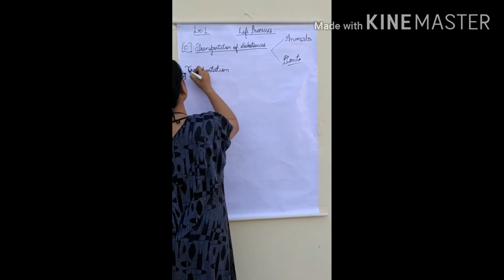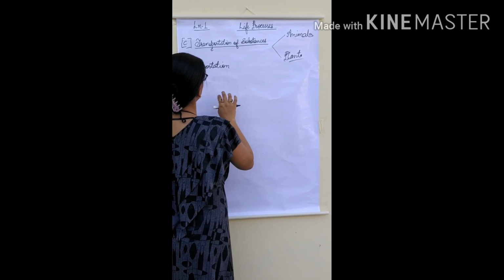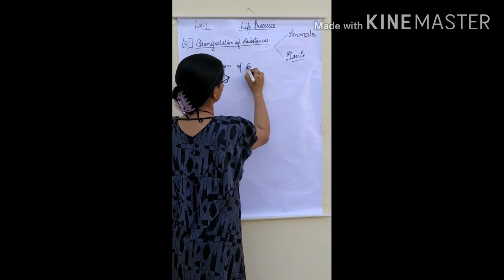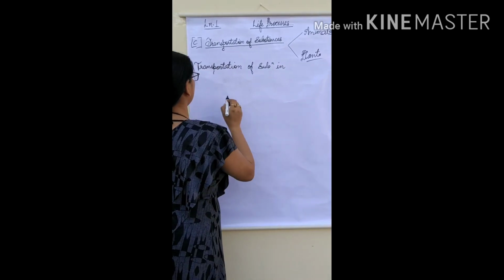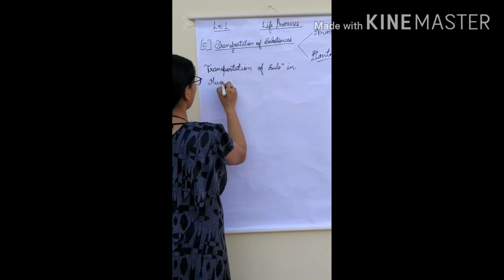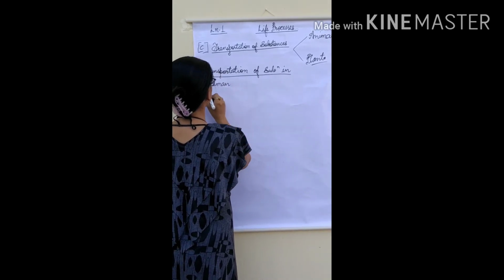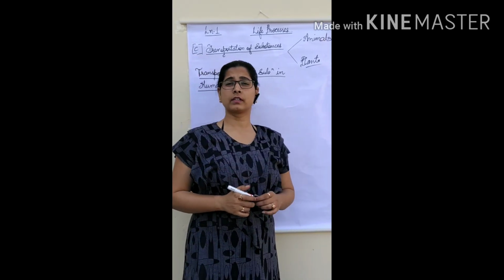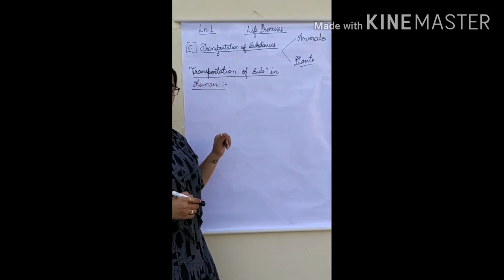I'm taking the most complex animal for the studies: transportation of substances in human. Here I have chosen human. Reason: the human body has a well developed circulatory system, right? So here we have taken this.